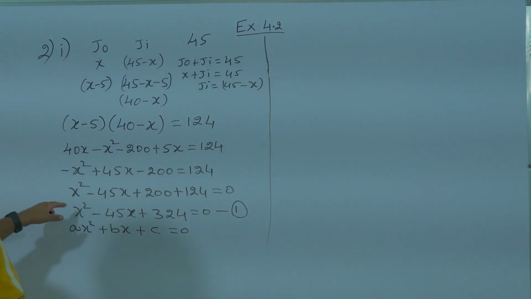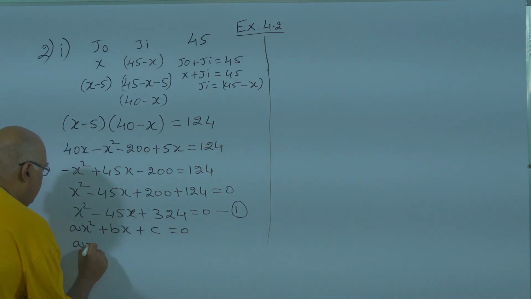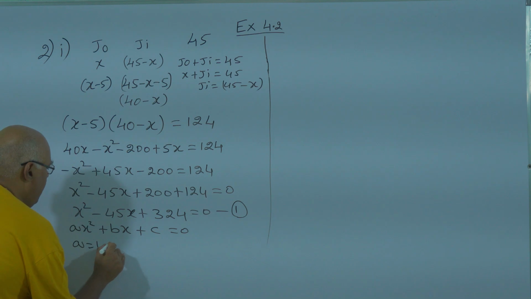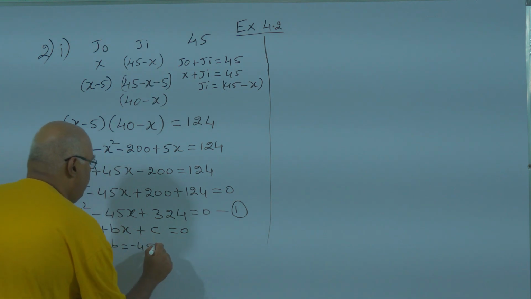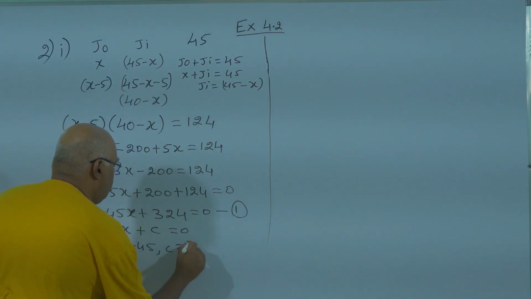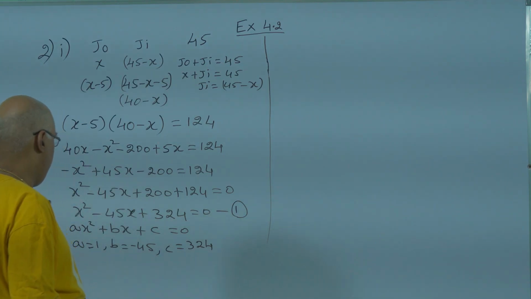So if you compare equation 1 with the standard form, we will get the value of a is equal to 1, the value of b is equal to minus 45 and the value of c is equal to 324. So from this information, we will calculate the value of x.